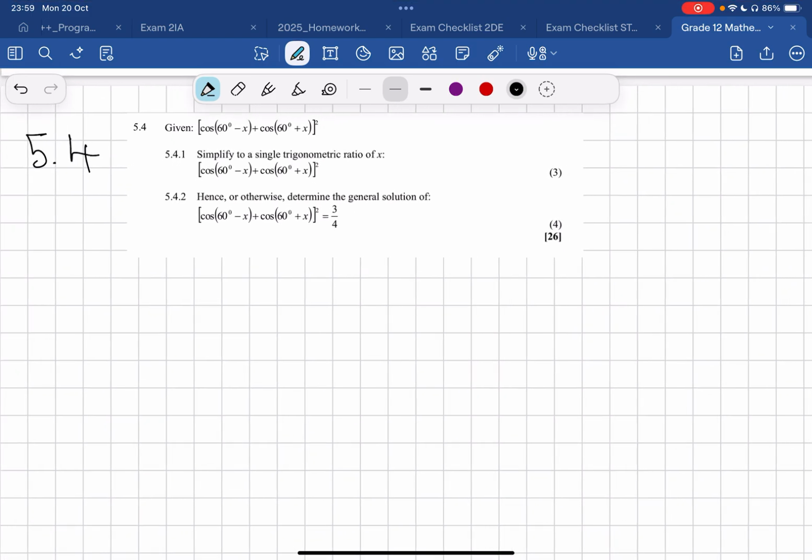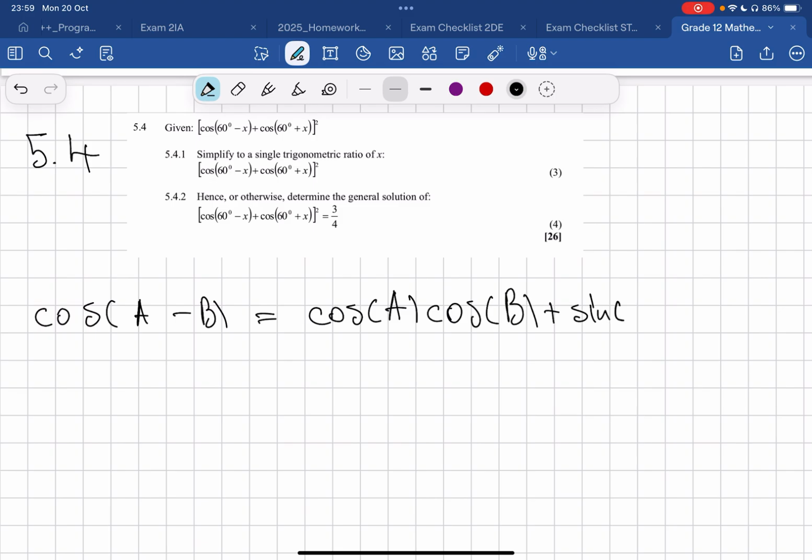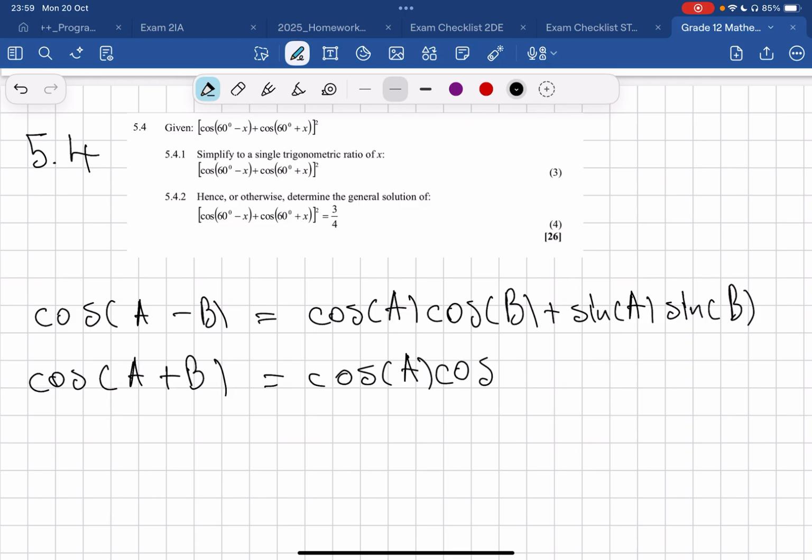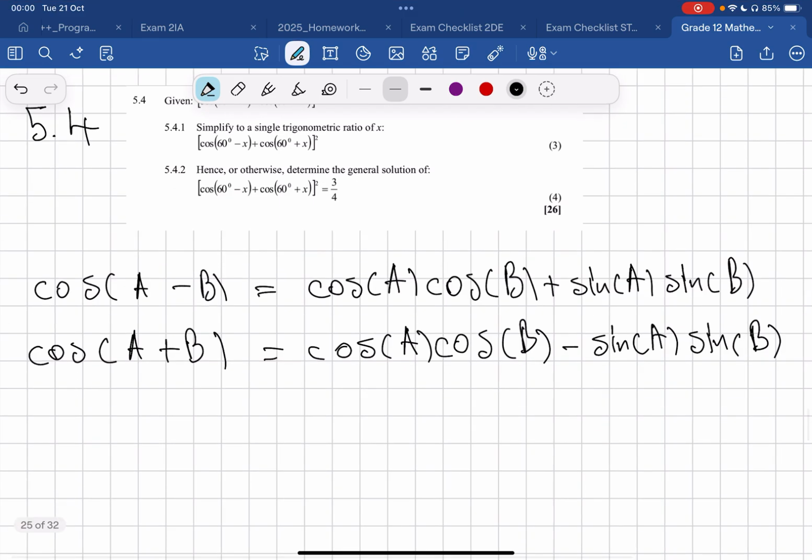There's a trig identity which says that cos(A minus B) is equal to cos A cos B plus sin A sin B. Also, we have cos(A plus B) is equal to cos A cos B minus sin A sin B. This is on the formula sheet, so you can always check it from there if you want to. But these are the trig ratios that we need here.